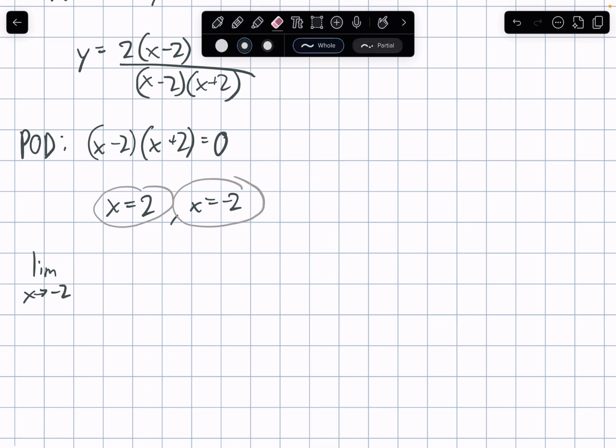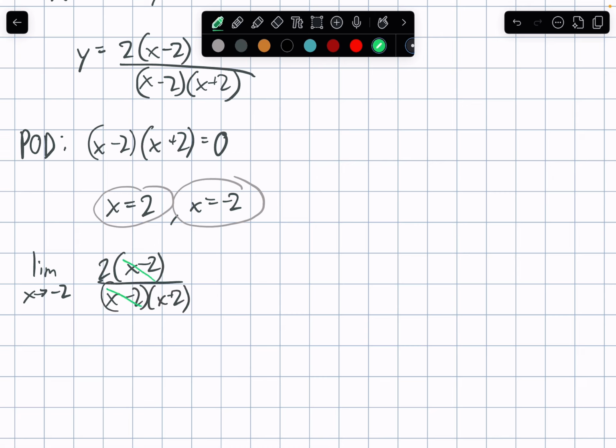We'll be using positive 2 later. So 2 times (x minus 2), we just copy this entire thing and then we start factoring from there.